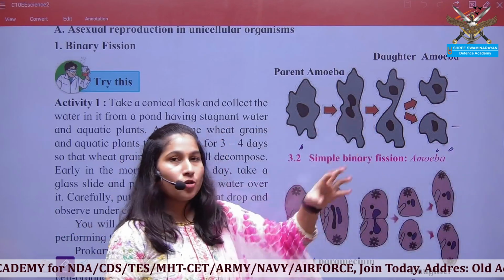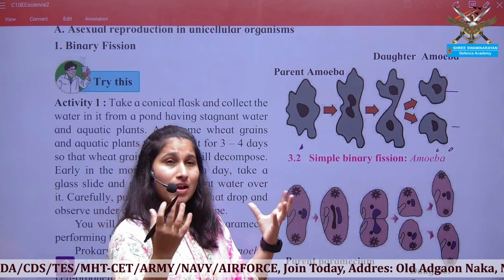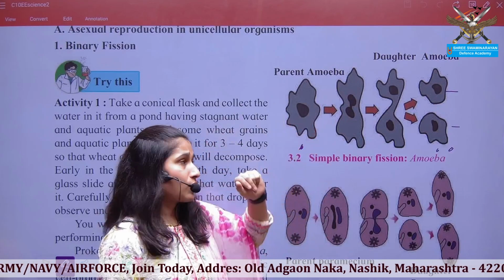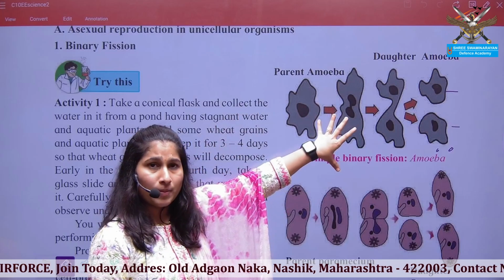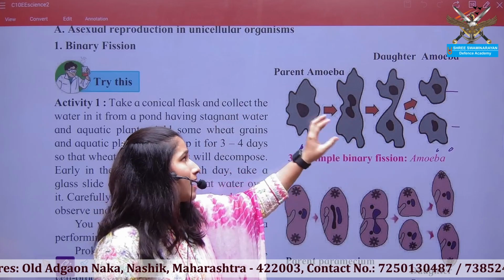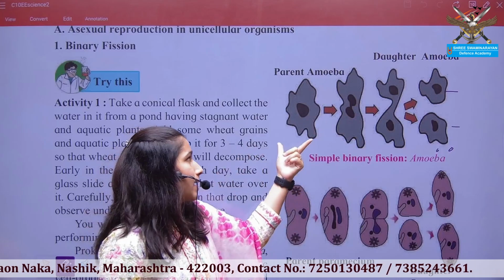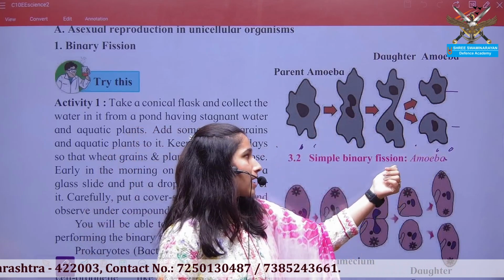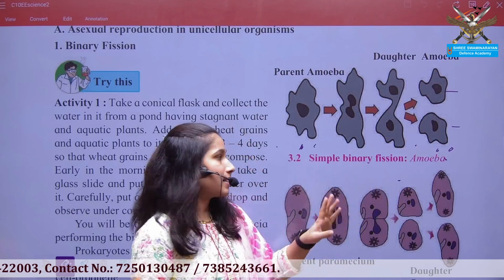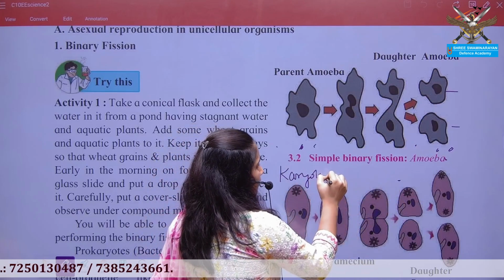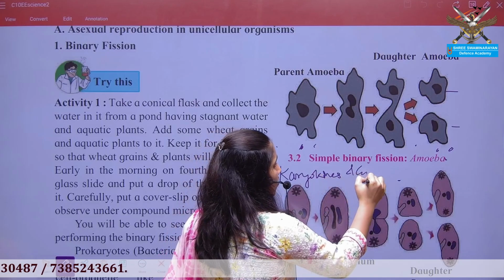Is there any kind of advanced or sophisticated technique involved? No, just a simple division of a single cell into two cells. Therefore, it is known as simple binary fission. There are just two processes involved, karyokinesis and cytokinesis.